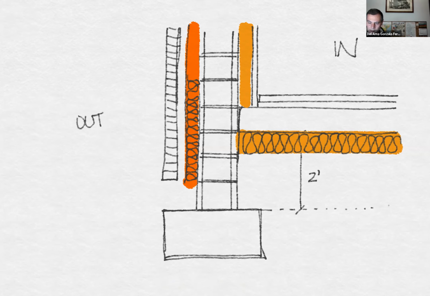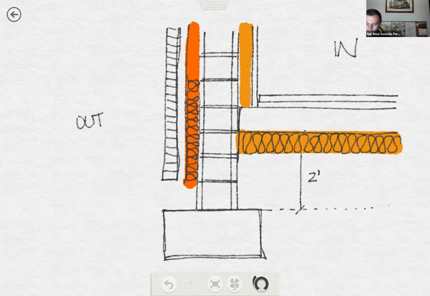The brick layer, the air cavity, and the thermal insulation. Well, now, as you can see, this brick layer is floating in the middle of the air. So this is not acceptable.